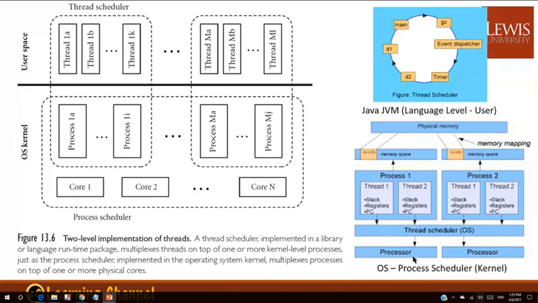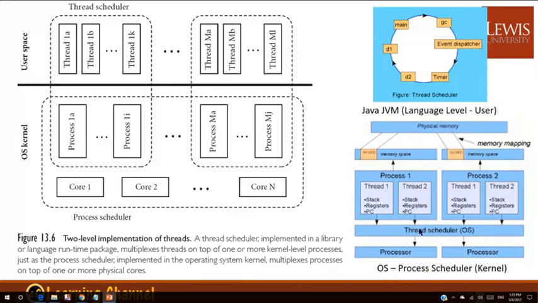And right here I show you the OS process scheduler. We may have several processes. Each process may contain several threads, and each thread will have the Java context, or some program context. I'll show you later. But this actually will have the thread scheduler. Actually, it should be called the process scheduler.